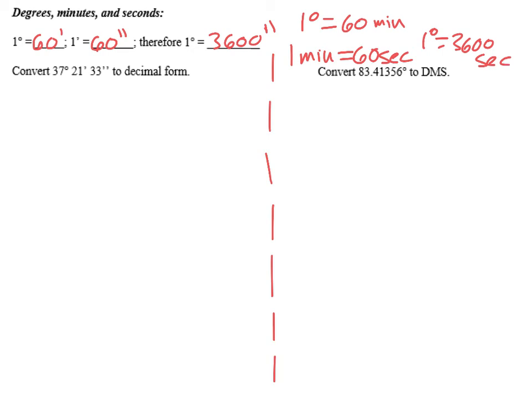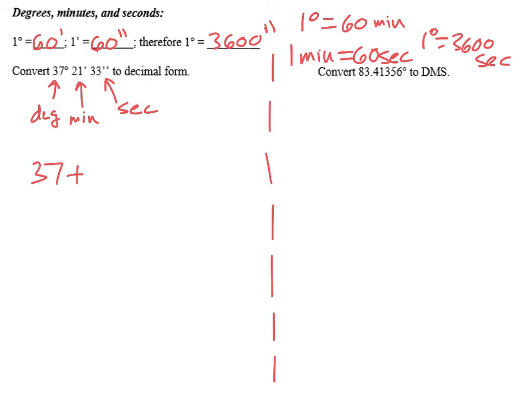All right, so convert 37 degrees, 21 minutes, 33 seconds. That's degrees. That's minutes. That's seconds. Here's how it works.